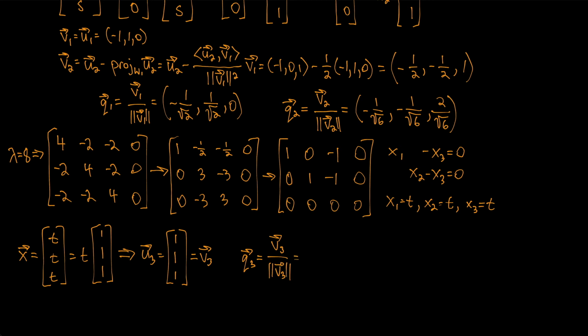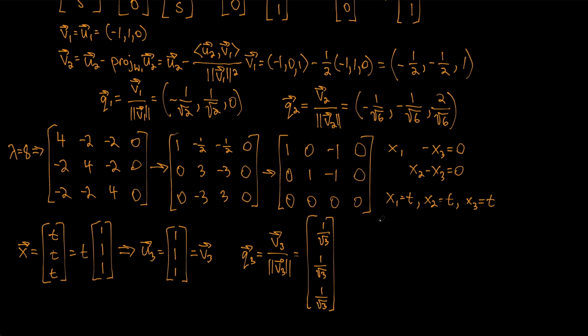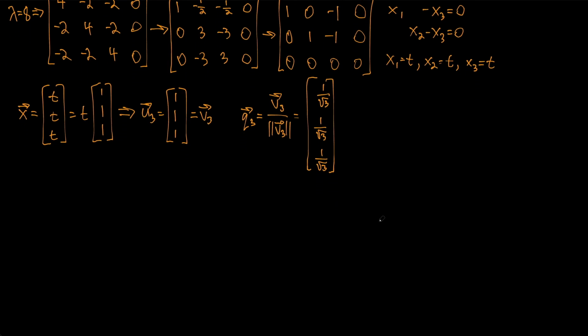And that's just 1 over root 3, 1 over root 3, 1 over root 3. So that gives me a matrix P built out of these orthonormal vectors. So that'll be P equal to each of the Q's. Maybe I should have made each P's. It doesn't matter.